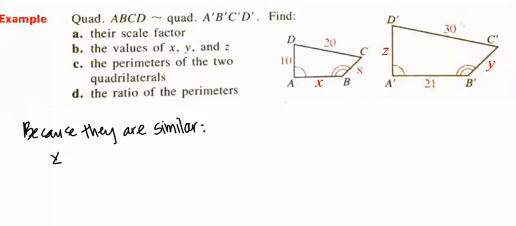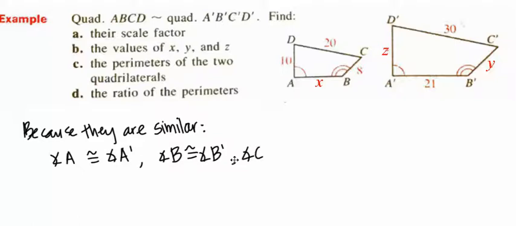we can say that angle A is congruent to angle A prime, angle B is congruent to angle B prime, angle C is congruent to angle C prime, and angle D is congruent to angle D prime.